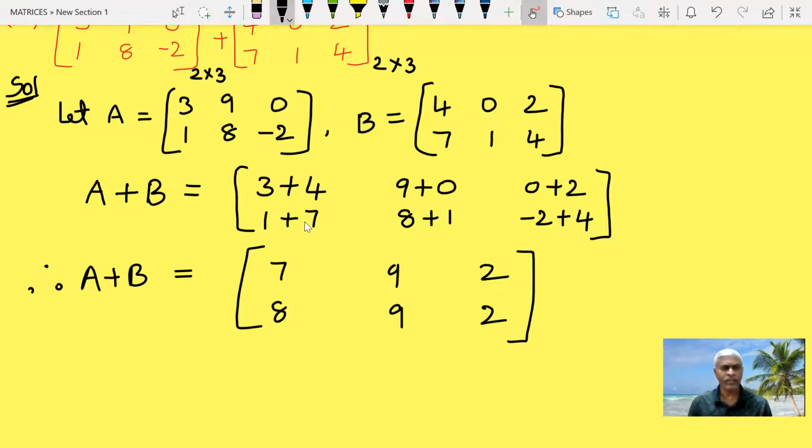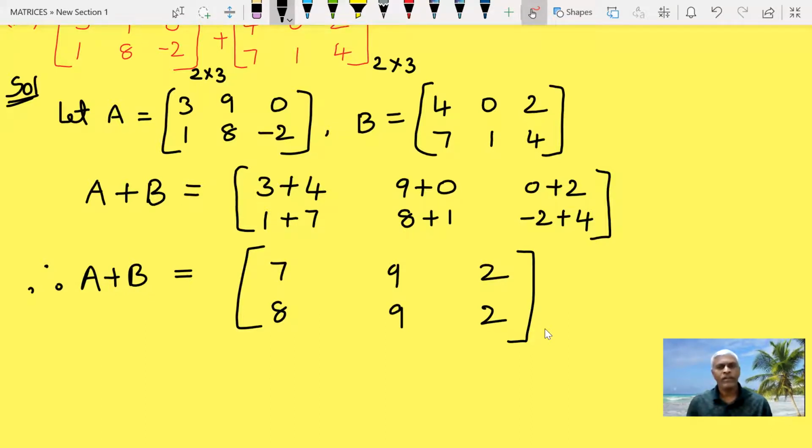So subtraction is also the same. Addition and subtraction both are the same: adding corresponding elements and subtracting corresponding elements. And remember, adding two matrices of the same order, you get a matrix of the same order.